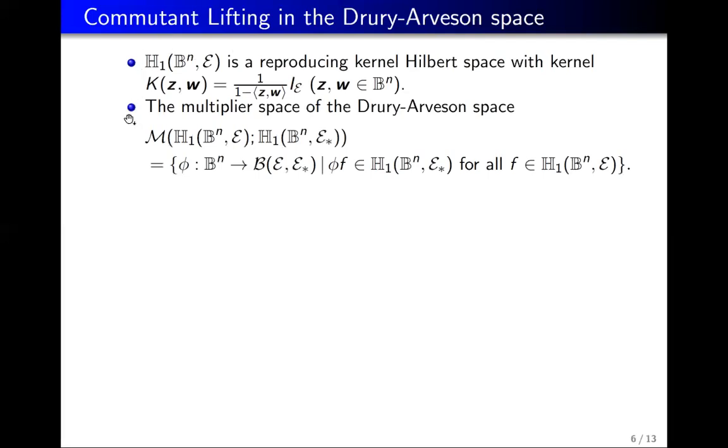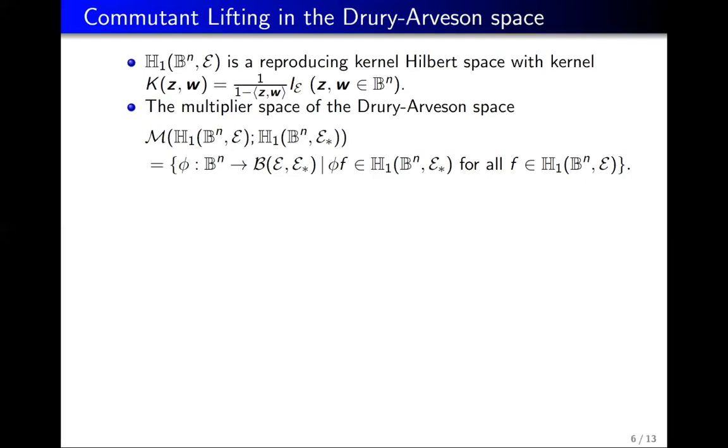So this multiplier space in this case is the set of all functions which are holomorphic on Bn again, but this time it's an operator-valued function. It's a bounded operator-valued function from E to E star.